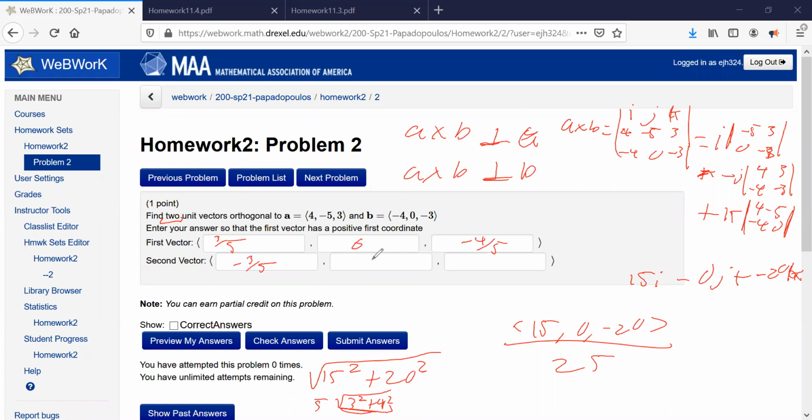So negative 3 over 5, 0, and positive 4 over 5. And if I had done B cross A instead of A cross B, this is what I would have gotten. If you switch the two rows there, it just gives you the negative of what you would have gotten.